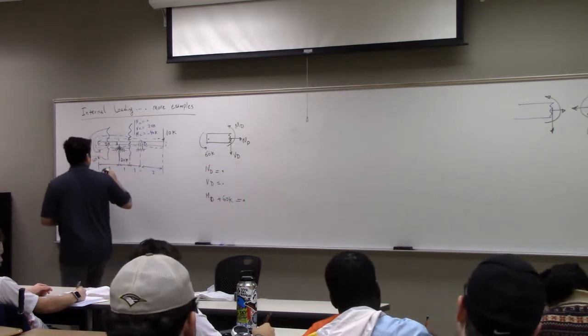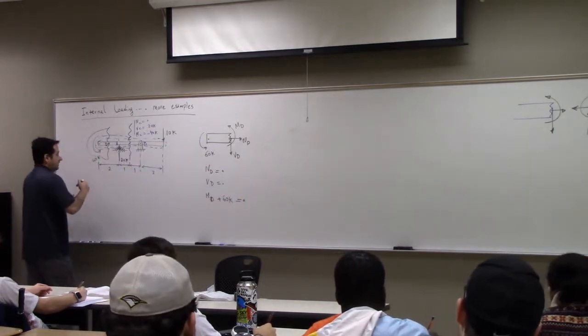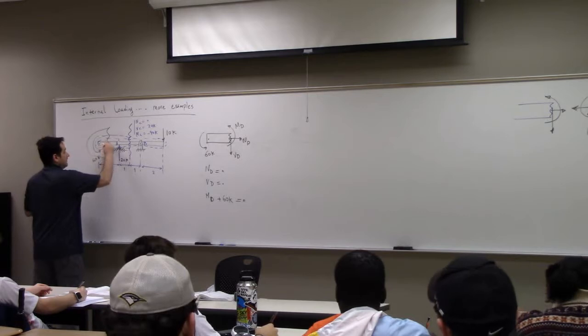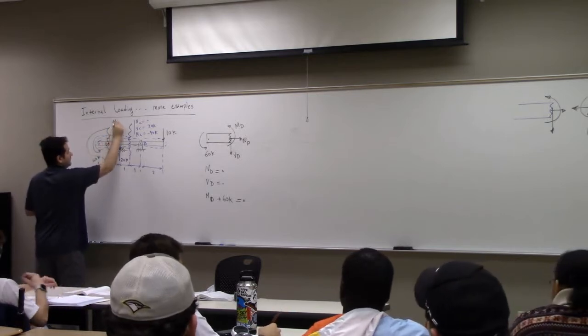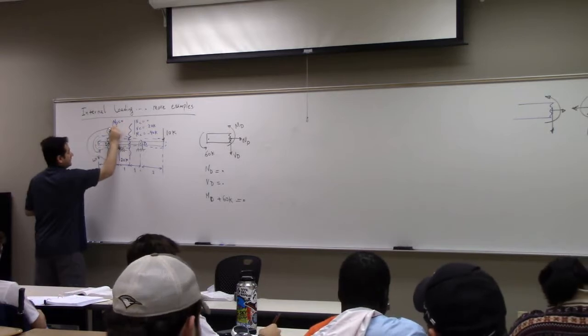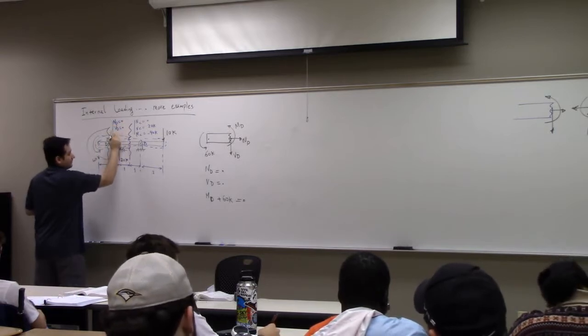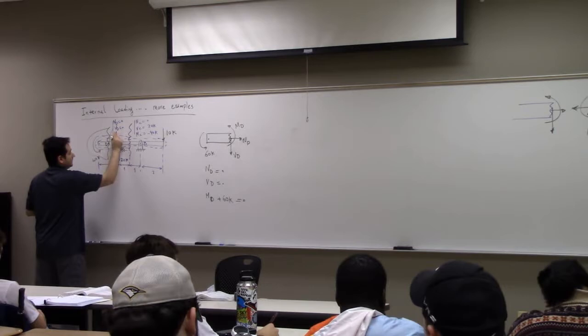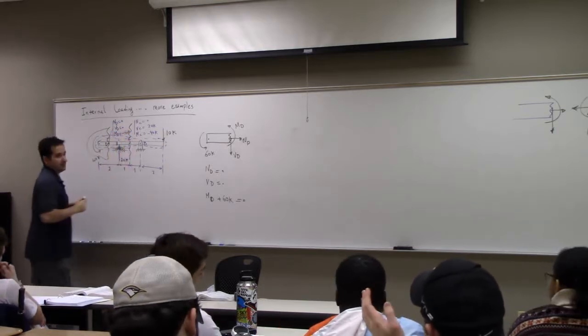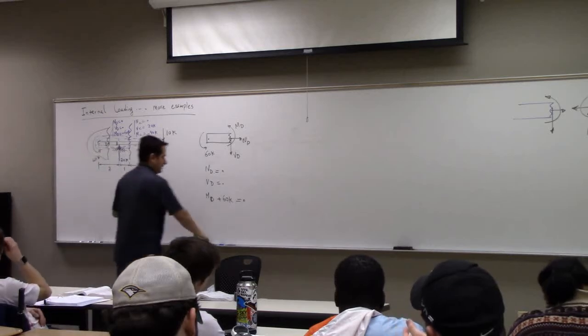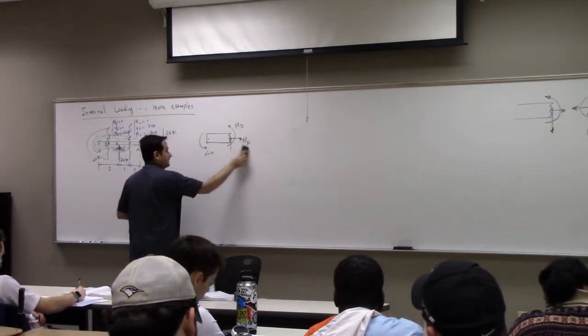So therefore, at this point, I get Nd 0, Vd 0, and Md negative 60K. Right? Now let's go to another point.